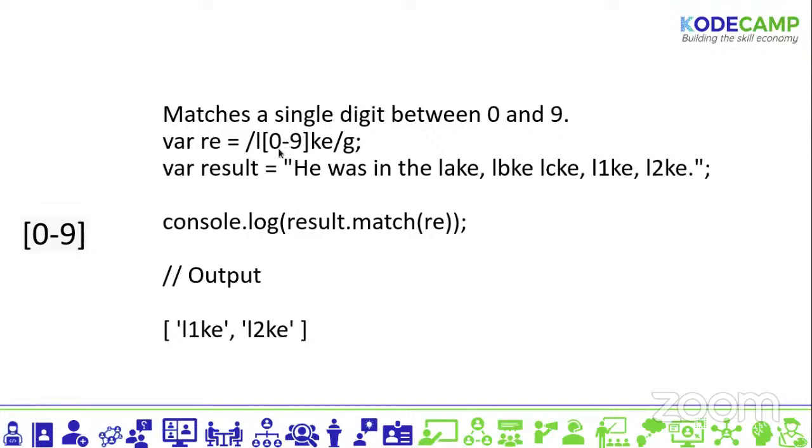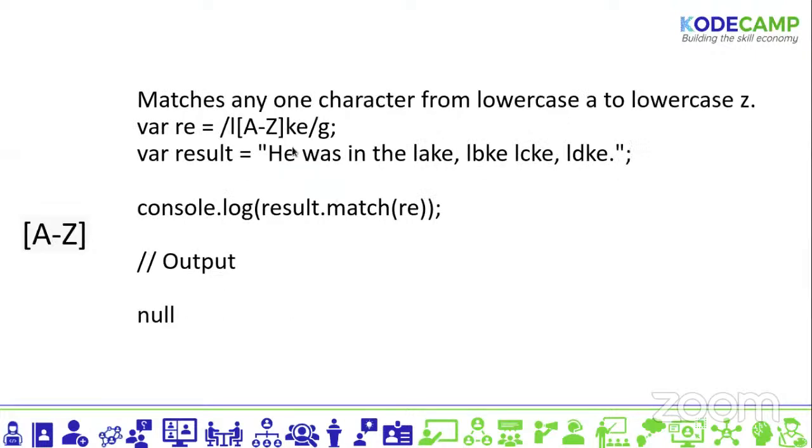Another thing to know is you can modify it, it doesn't have to be from 0 to 9. In fact, this also doesn't have to be from A to Z. You can say from B to Q, for example, or from B to W, or from Q to Z, for example.